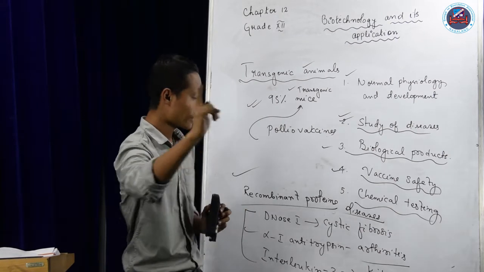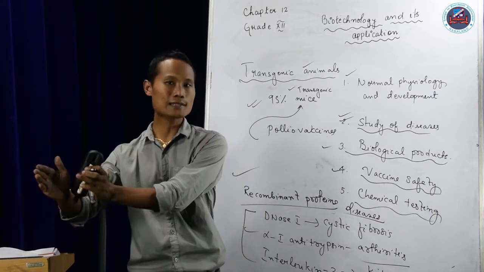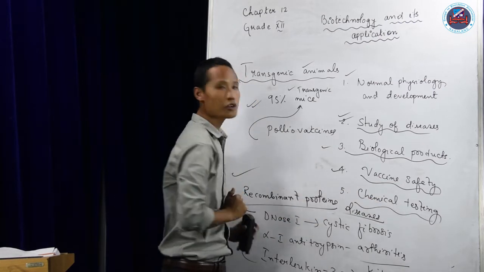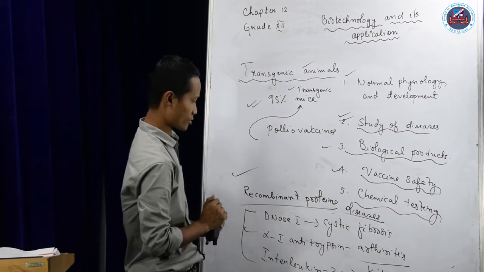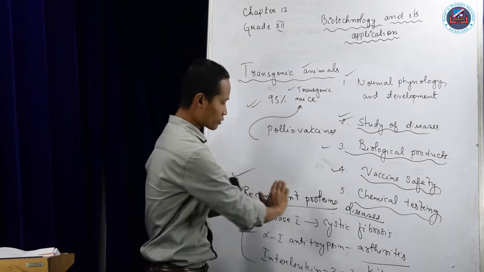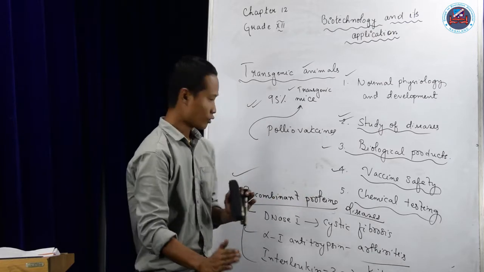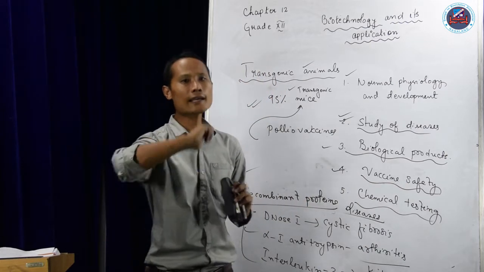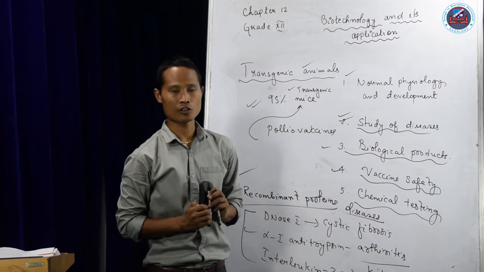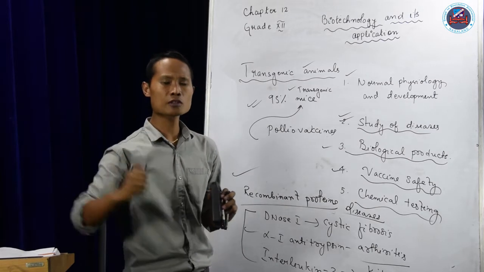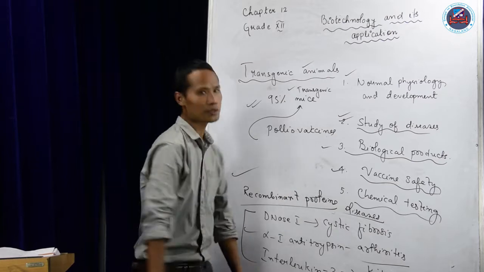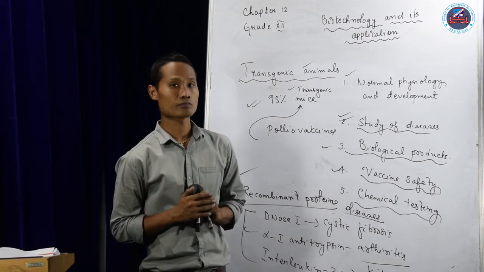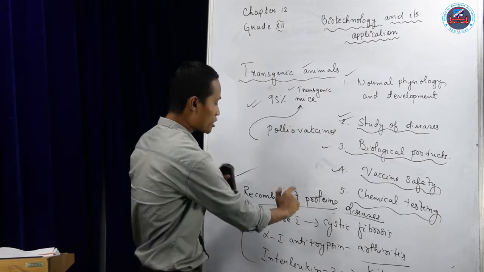When you have searched those 10 recombinant proteins and the diseases related to them, design the rDNA technology steps. Take any one of these recombinant proteins and design the steps by yourself, how to develop that recombinant protein.